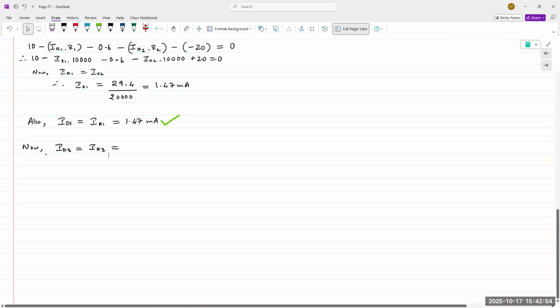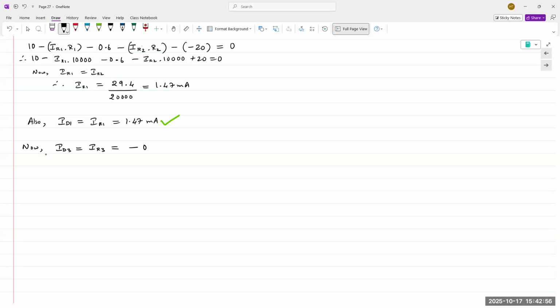And so this is minus 0.6 minus of minus 10, divided by 10,000. This becomes 0.94 milliamps. Okay, 0.94 milliamps.